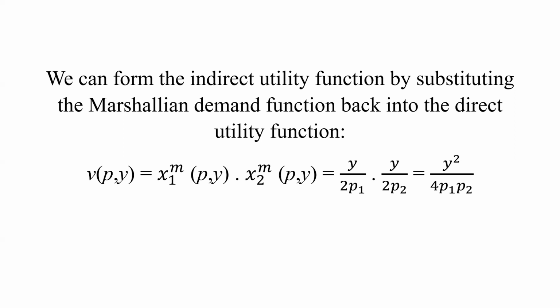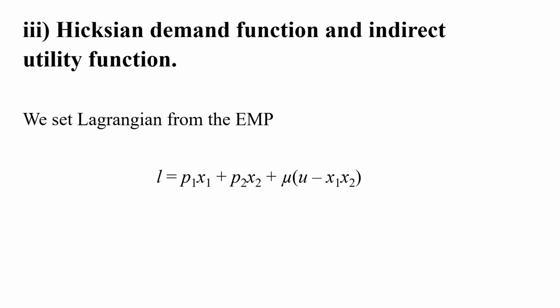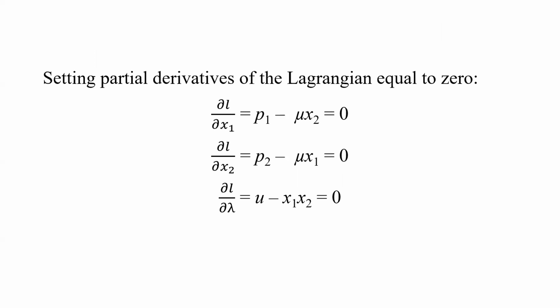After this, we go to the third question, where we get the Hicksian demand function and the expenditure function. We write the Lagrangian function of the EMP: L = p1 x1 + p2 x2 + mu (u - x1 x2). In the next slide, we set the partial derivatives of the Lagrangian to 0.